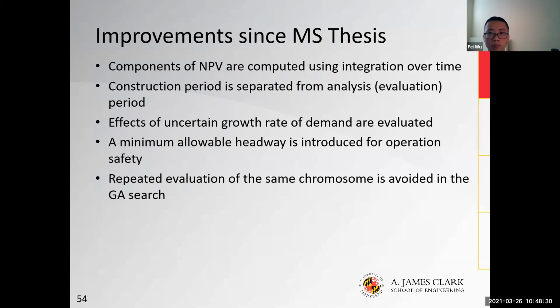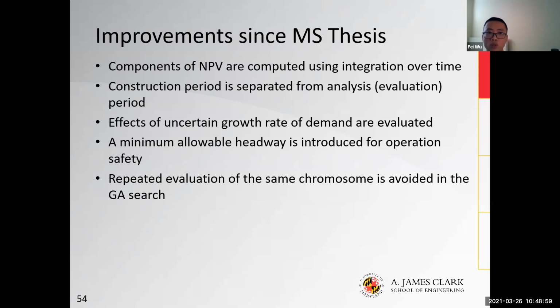The results and formulations shown above are mostly based on the master's thesis last year, while we also have some improvements since the master's thesis. When the components of net present value are computed, we are using integration over time instead of approximation methods.